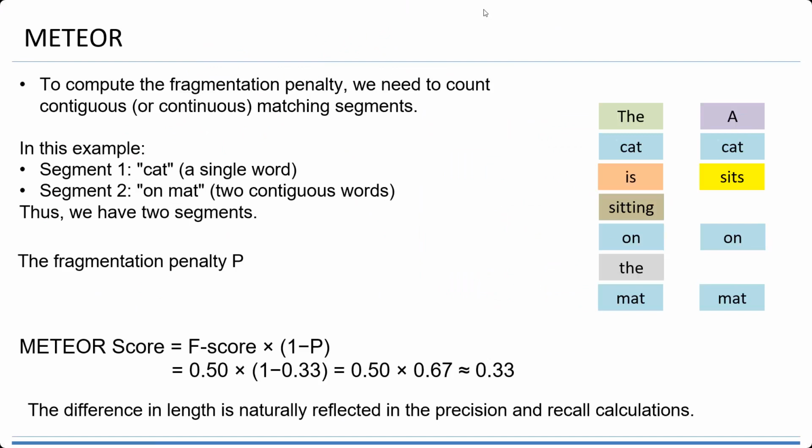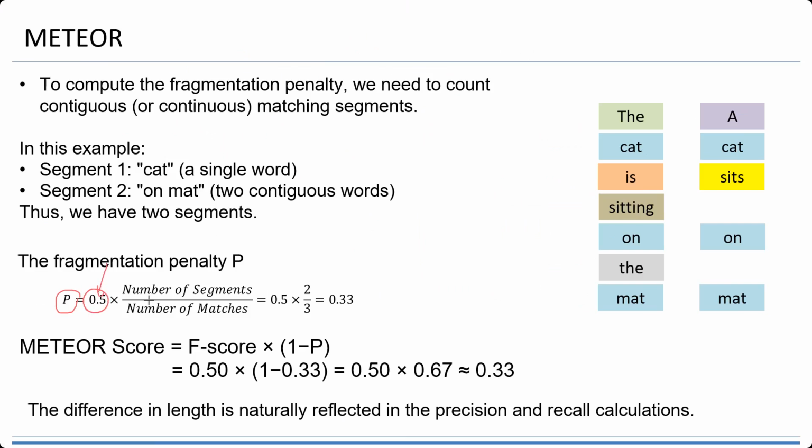So let's say, we know that segment 1 is cat and segment 2 is "on the". So it is a single word, and this segment has two contiguous words. So we have two segments. For the fragmentation penalty P, we have the formula: 0.5, which is just a number to represent the weight.